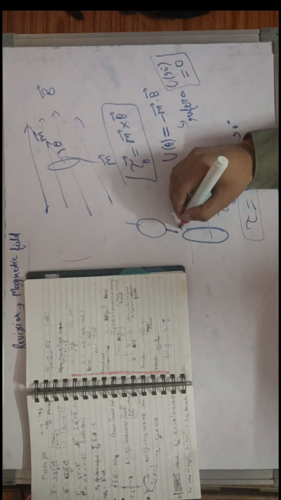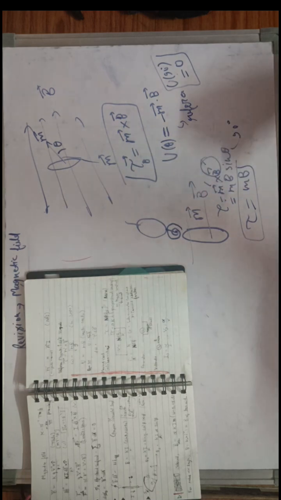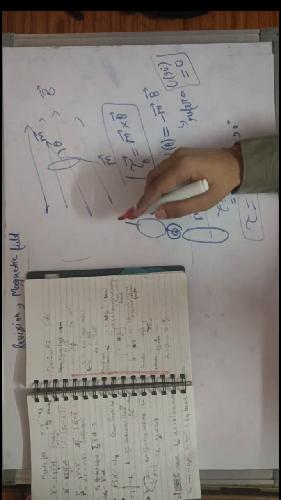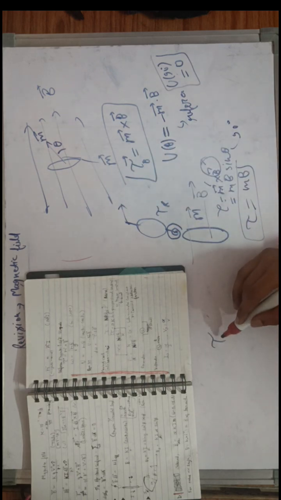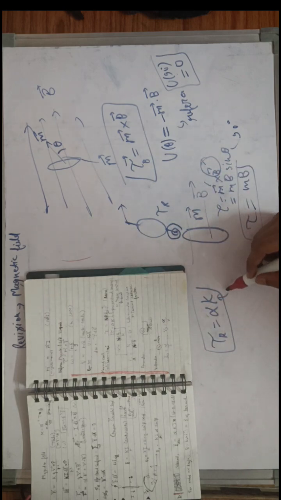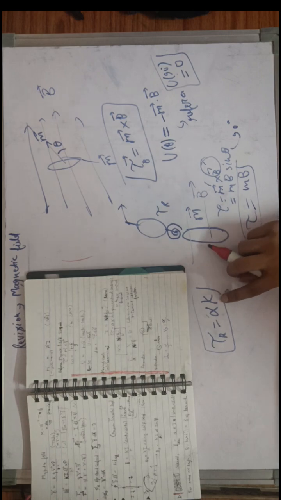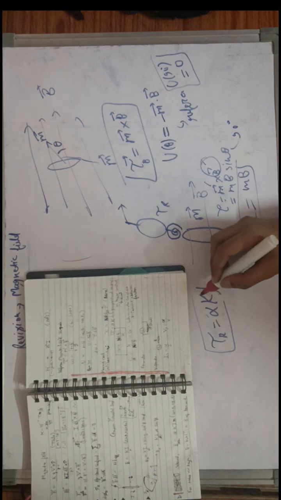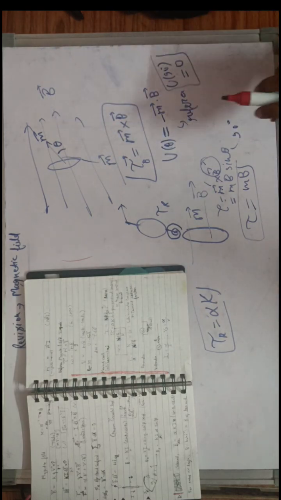Let's say this end is connected to some spring with some torsional constant, such that when this object rotates it produces some restoring torque, and the restoring torque in this spring is equal to k into alpha, where this k is called the torsional constant. This can also be called a proportional constant. And in this case, this k is not the k used in the magnetic field equation.